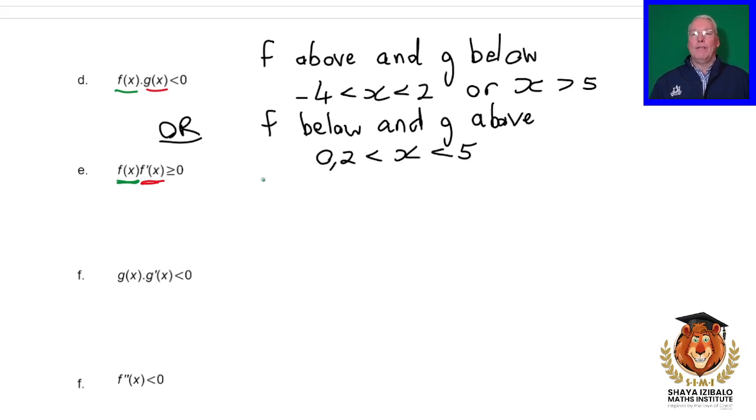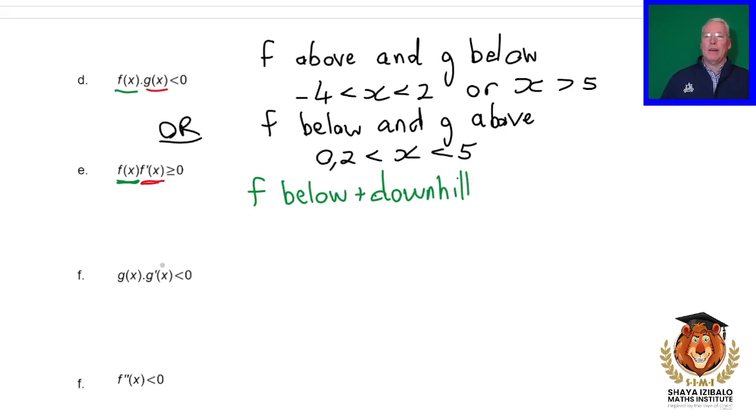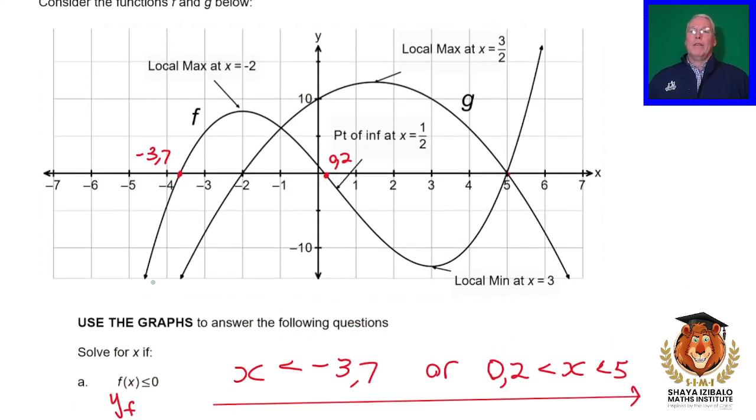It means f is below. While f is below, we want f dash to be negative as well. What does f dash negative look like? It means going downhill. So we want it below the axis and going downhill. Because if it's below the axis and going downhill, both of those things will be negative and the product will be positive.